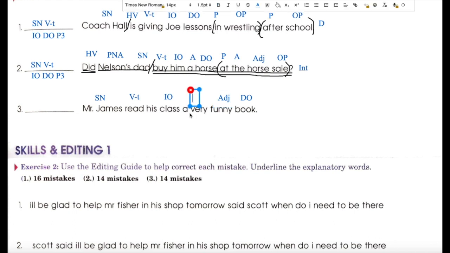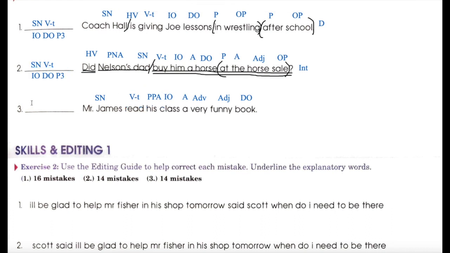It's describing an adjective. That means it's an adverb. The word a is always an article adjective. Whose class? His class. We have a pronoun here, and it's showing possession, and it's describing, so it's a possessive pronoun adjective.